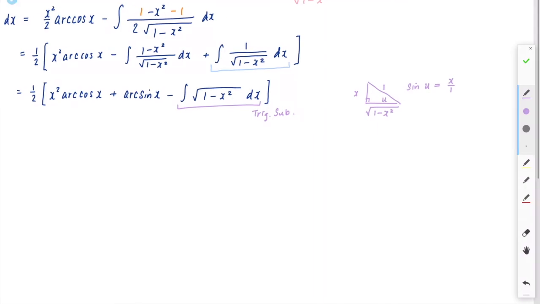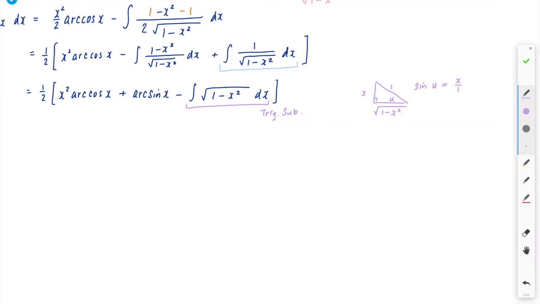So what do we have here? The derivative of sine u is cos u, and du is dx. And the square root of 1 minus x squared is equal to cosine u itself.